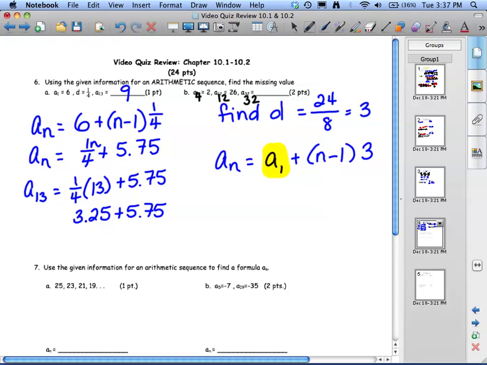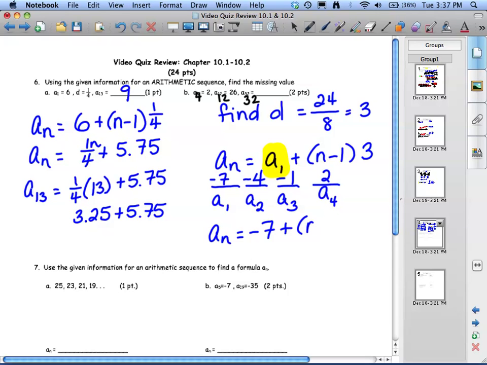If I know the 4th term, and here's where I don't care that you do a little thinking like this: if I know it's going up by 3, the third term must be negative 1. The second term must be negative 4. So the first term is negative 7. And so to write the general formula, I can say negative 7 plus n minus 1 times 3.